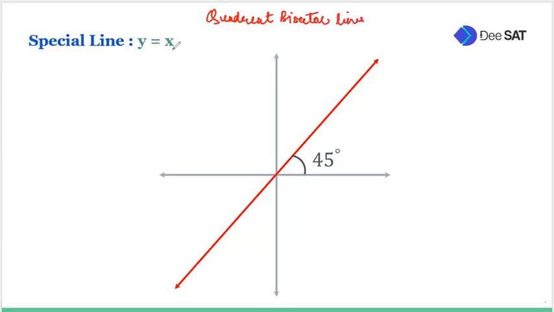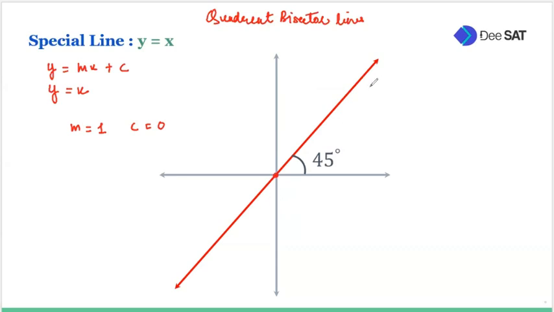When I say y is equivalent to x, if you compare y equals x with the slope-intercept form of a line, which is y equals mx plus c, you can easily correlate that the value of m in this particular line is 1 and the value of c is 0. For a line where the y-intercept is 0 and the slope is 1, the line must be ascending as it has a positive slope, and y-intercept equals 0 means the line must pass through the origin.